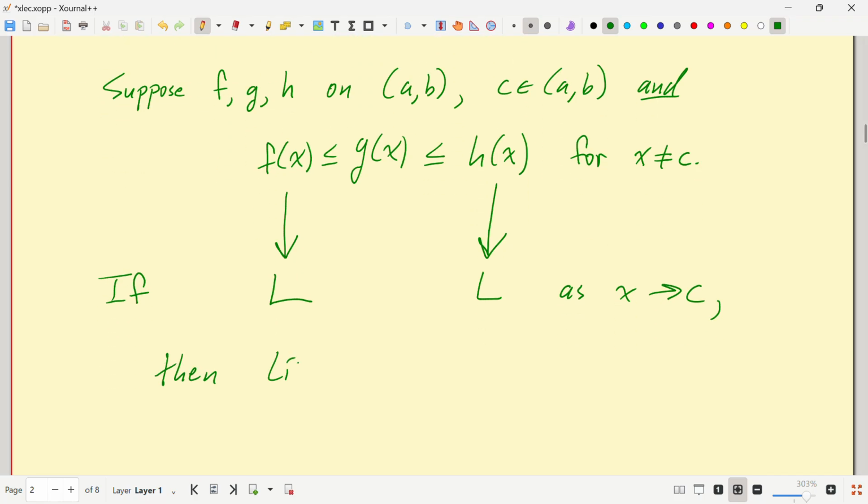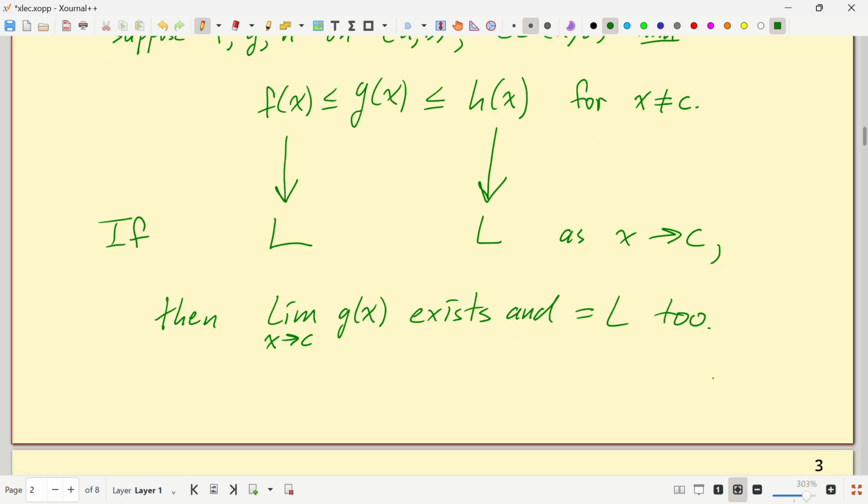Then the limit as x goes to c of g of x, the thing in the middle, exists and is equal to L. And it's pretty straightforward to demonstrate that from just the definitions of limits.